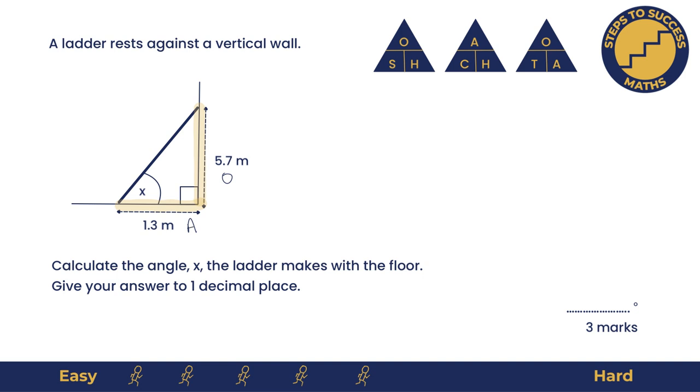And opposite and adjacent is the triangle with tan in it, TOA. And we'd like to find tan. So tan X is equal to opposite 5.7 divided by adjacent 1.3. So this time you are trying to find the angle, so you need inverse tan. X equals tan to the minus 1 of 5.7 divided by 1.3.